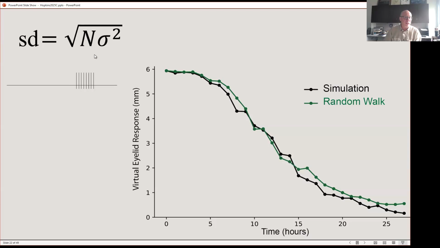So again, it was the equivalent of changing this equation so that there were a smaller number of steps of larger size, and when we incorporated the burstiness of granule cells into our fake random walk, then it matched. And so that was a bit of a saga, I have to say, but it was fun to figure that out.